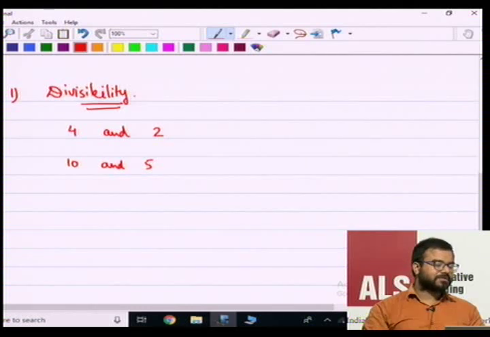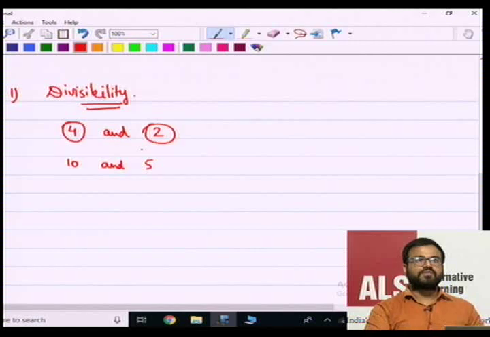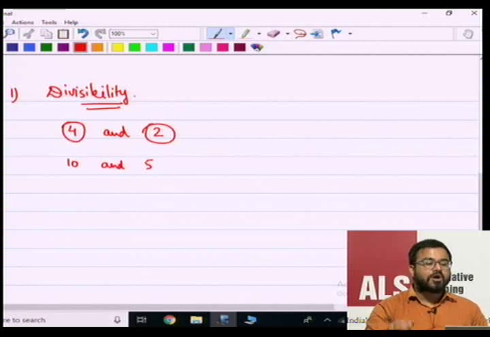If one number is exactly divisible by the other number, we say that the first number is a multiple of the second number. Here 4 is exactly divisible by 2, so we can say 4 is divisible by 2, or 4 is a multiple of 2, or 2 divides 4.